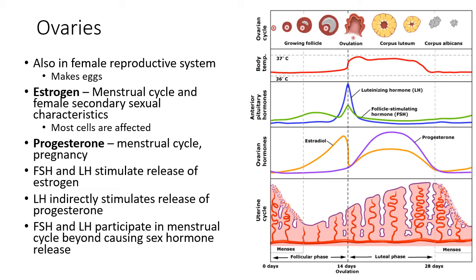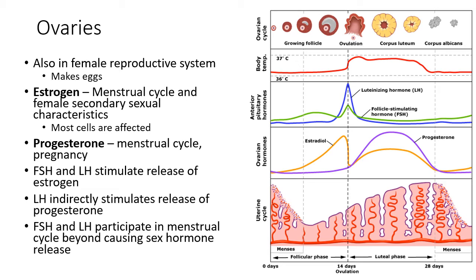Progesterone, in addition to coordinating the menstrual cycle, is responsible for allowing pregnancy to continue. It builds up the wall of the uterus so that an egg can attach there and get sustenance as it grows, if it's fertilized.